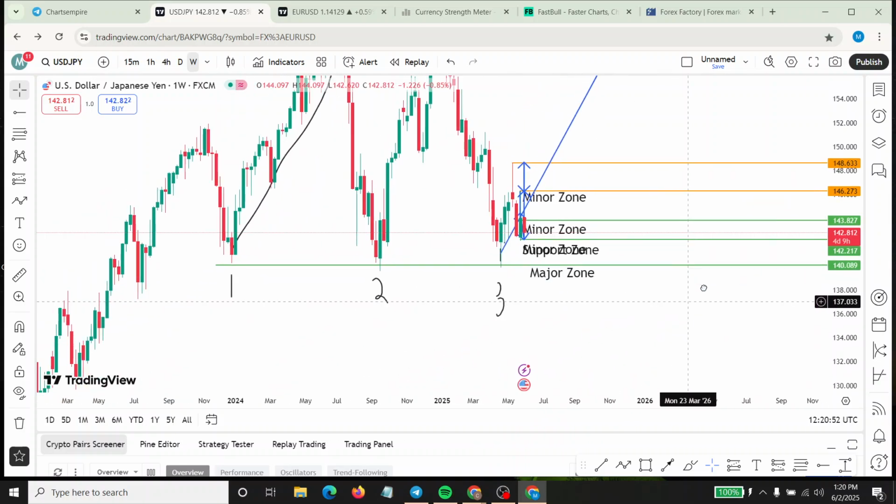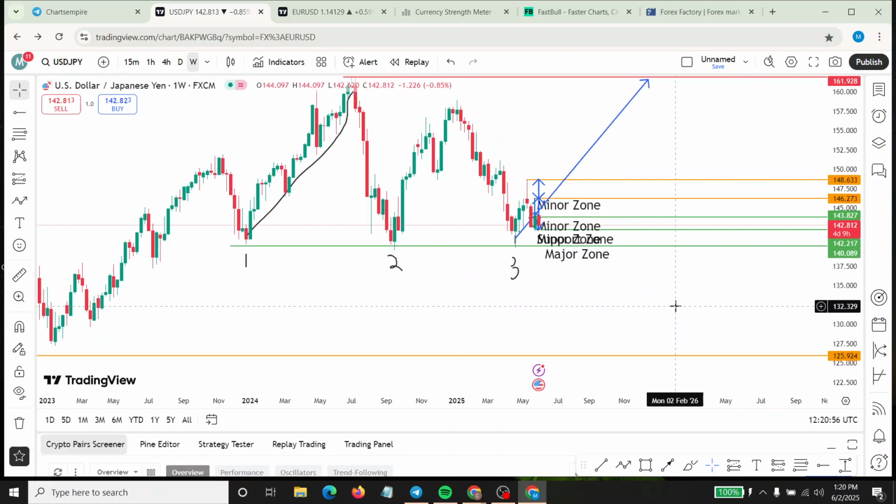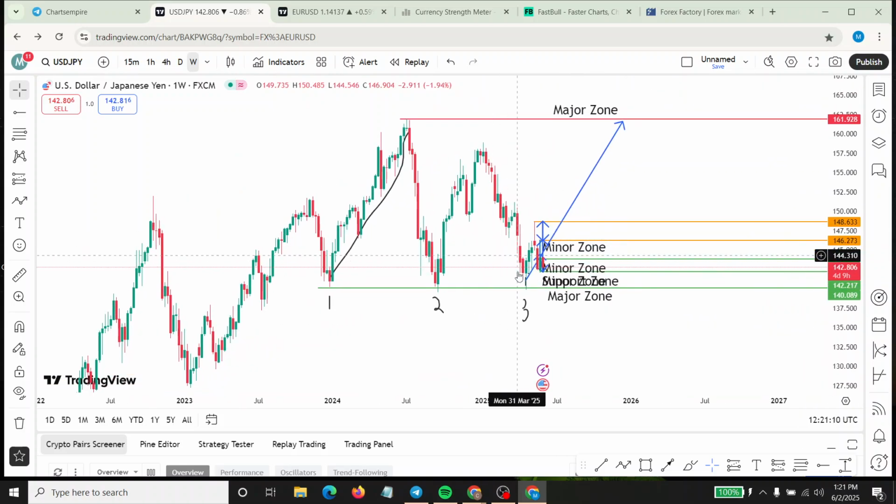And you can see that when the market came back for the third touch on the weekly chart, for you to know how powerful this level and zones are, the market made a touch on the third touch and it rejected.